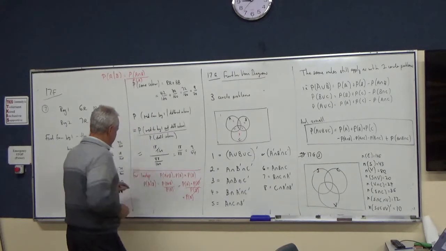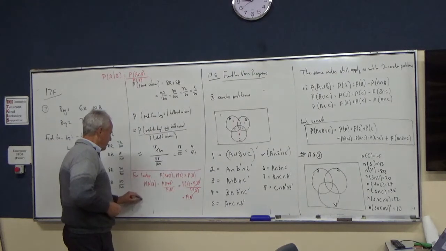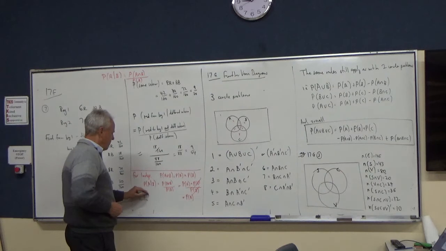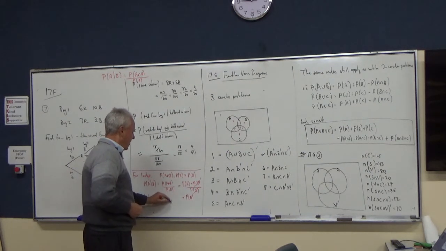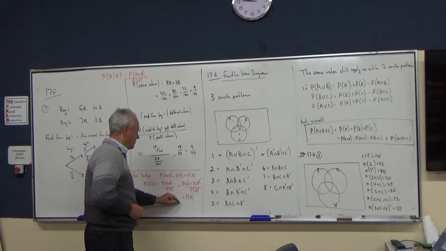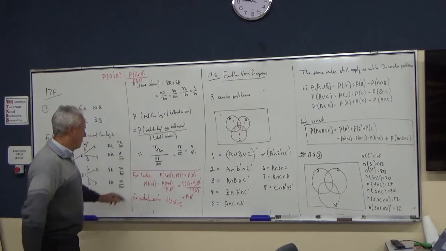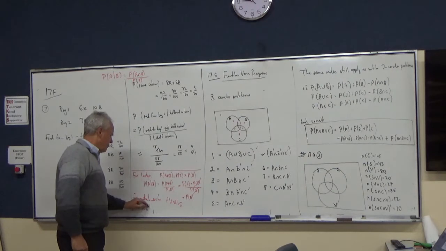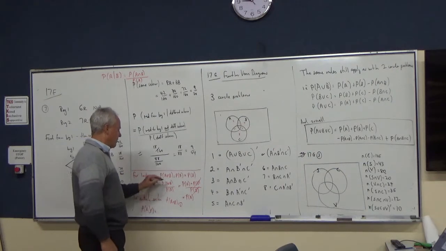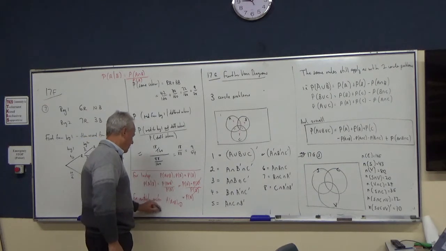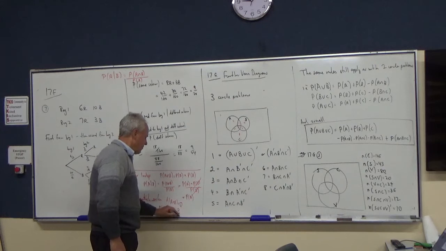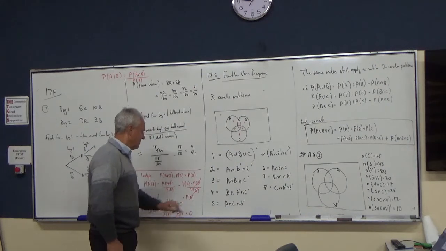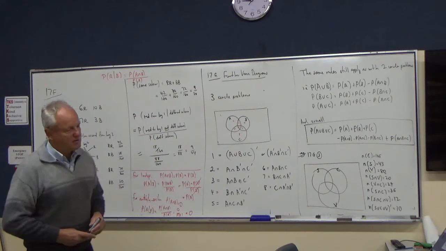For mutually exclusive events, the probability of A intersection B is equal to 0. Therefore, the probability of A given B is the probability of A intersection B over the probability of B, which is 0 over the probability of B, which is 0. For mutually exclusive events.